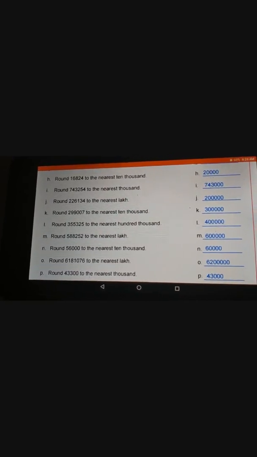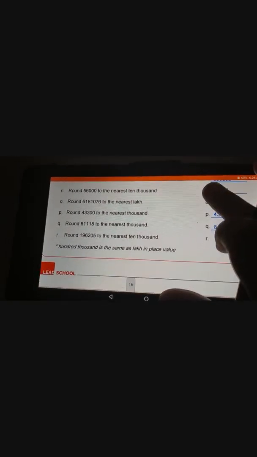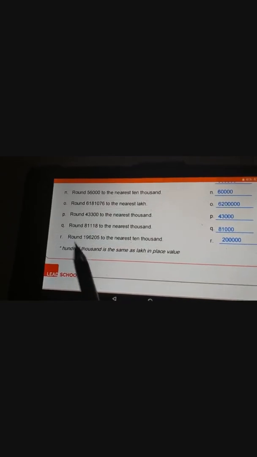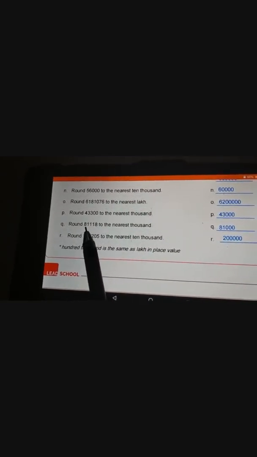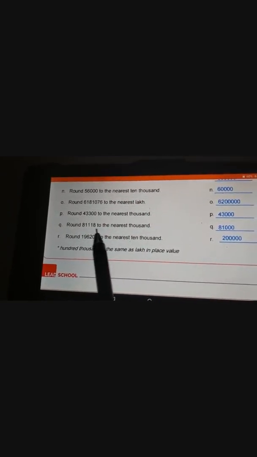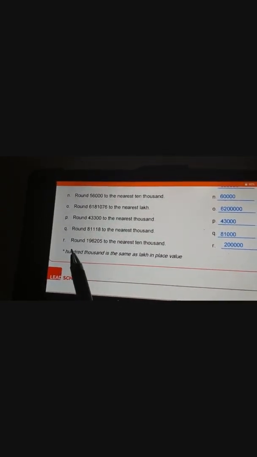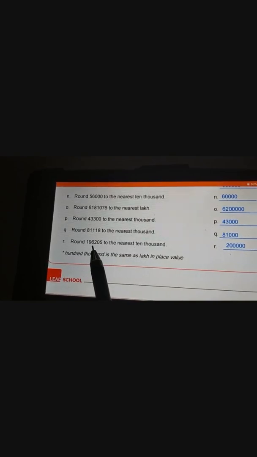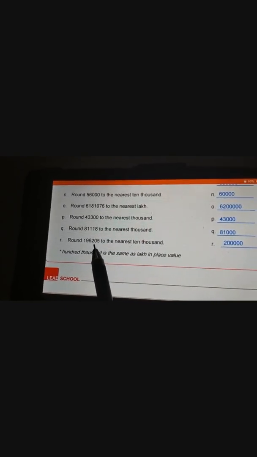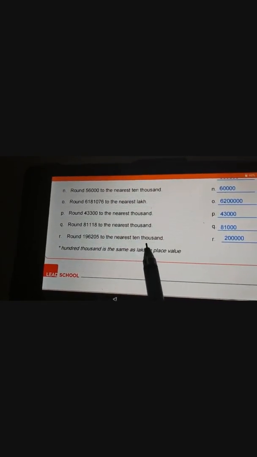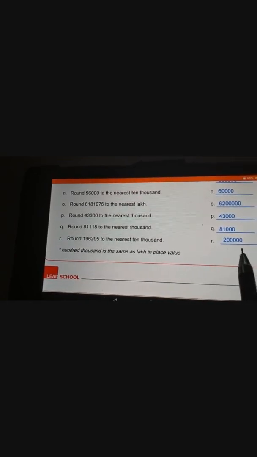Okay students, I hope your work is complete. Now students, 2 remain. Round off 81,180 to the nearest 1,000. So answer is 81,000. And round off 1,96,205 to the nearest 10,000. So we have to write here 2 lakhs.